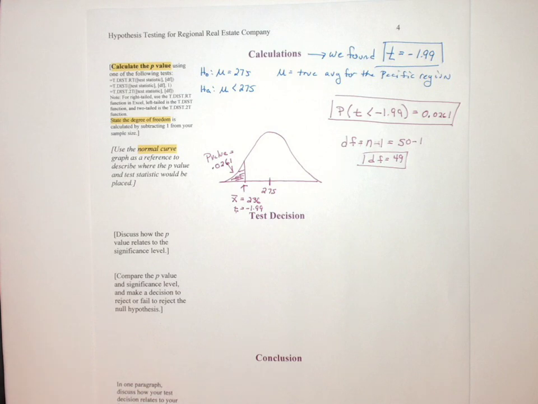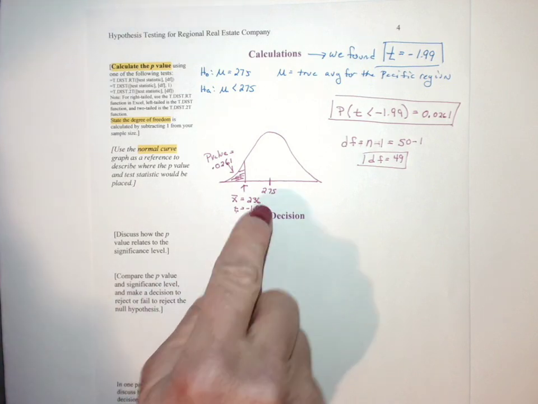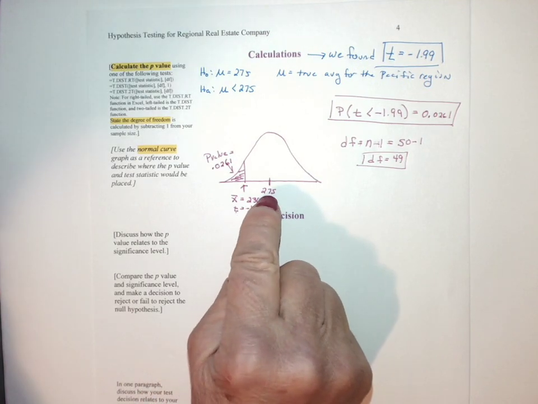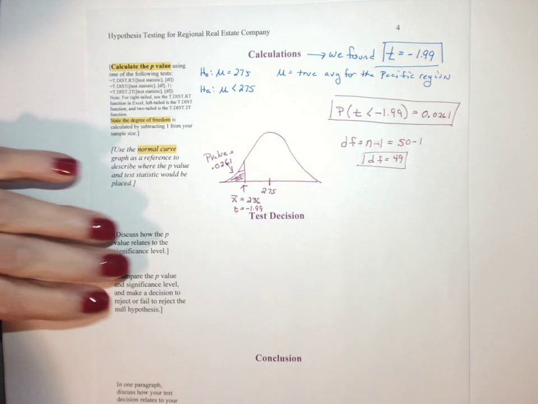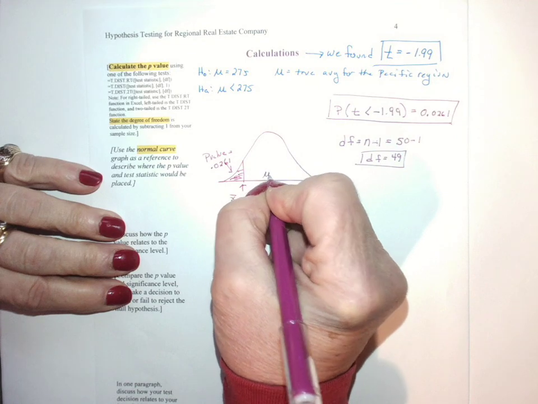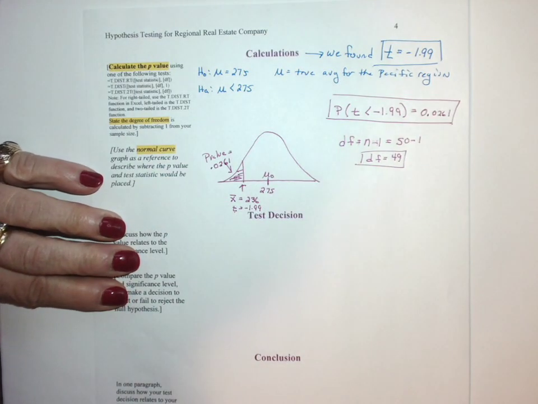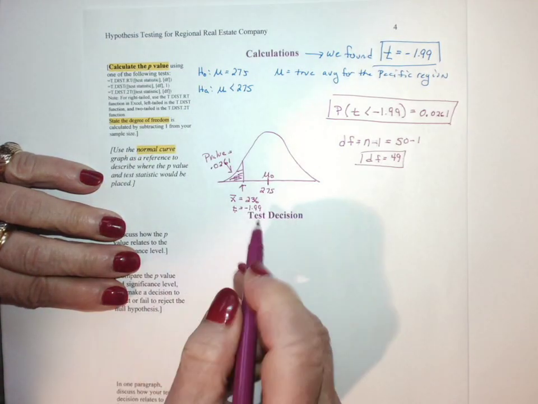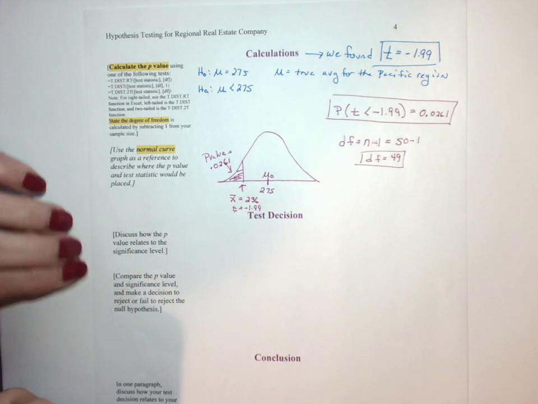And you can exceed the expectation if you start talking about this right here. To be fancy, it is mu naught. Okay, it's that number right there, 275, and we're comparing it to our sample statistic.